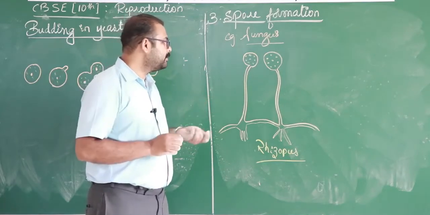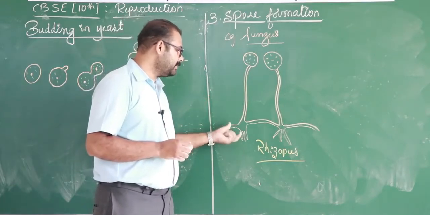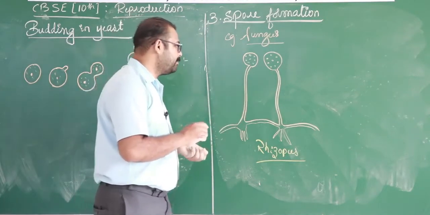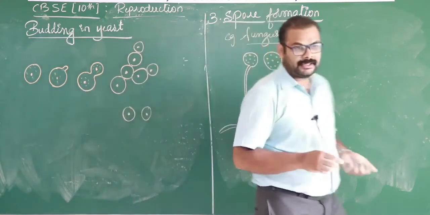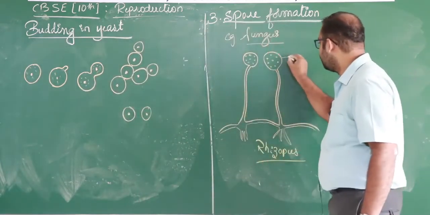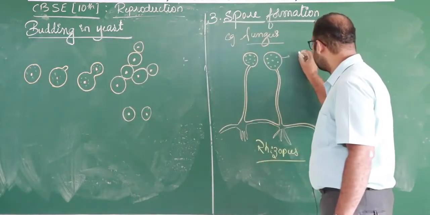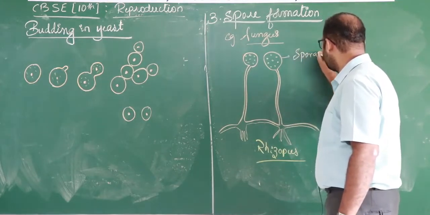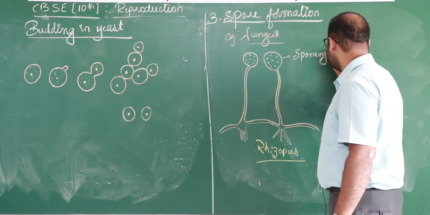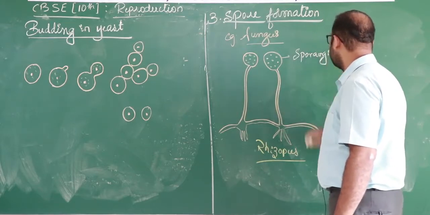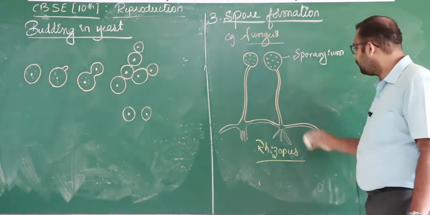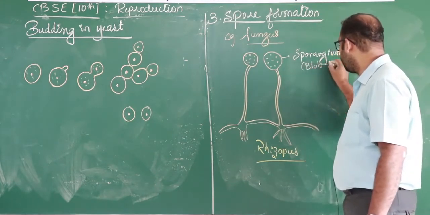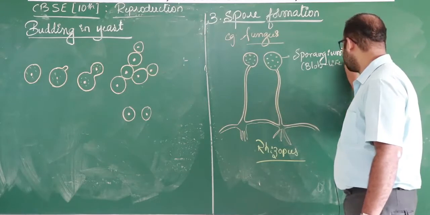Here, Rhizopus is a fungus, and it contains a blob-like structure. This blob-like structure is called a sporangium.